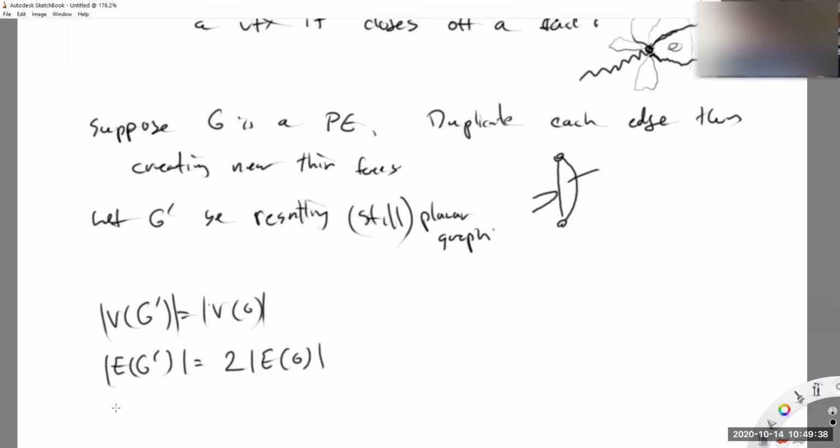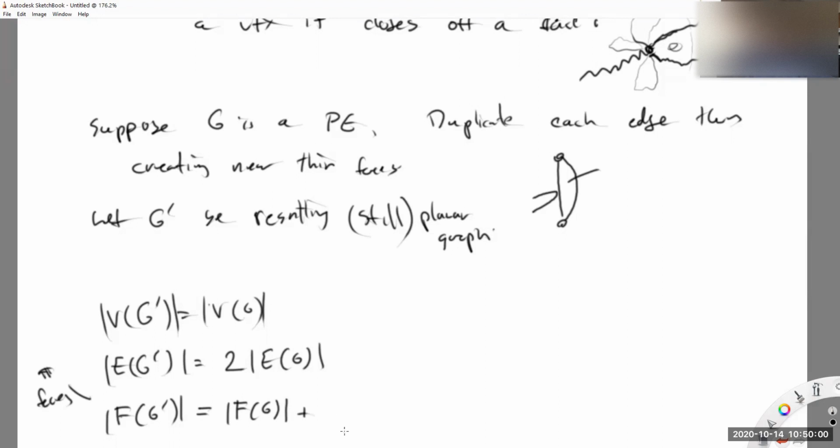And now the interesting one, I'm going to call this f of G prime. That's the number of faces of G prime. So how many faces do we have in G prime? This is the one interesting part. We have all the original faces, right? Those weren't changed. Those still are around.